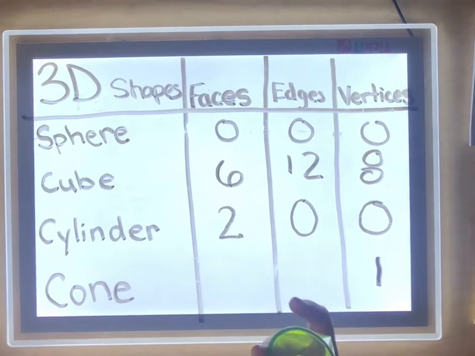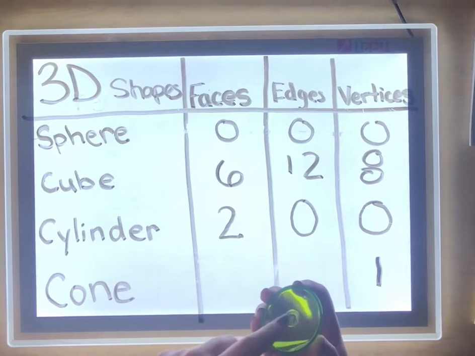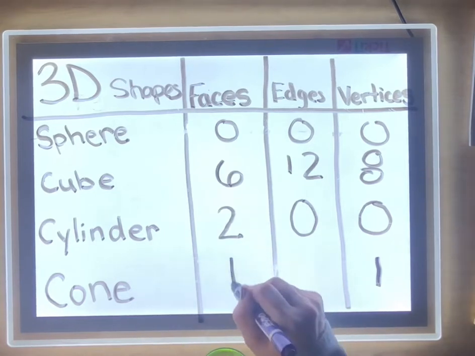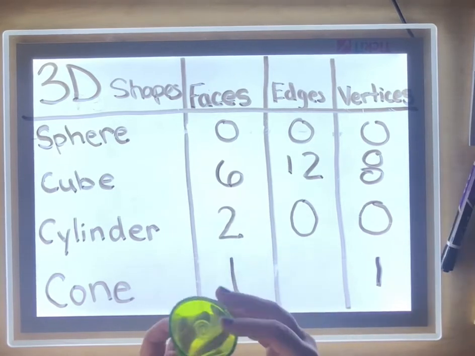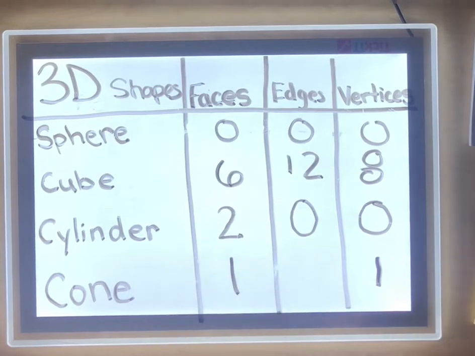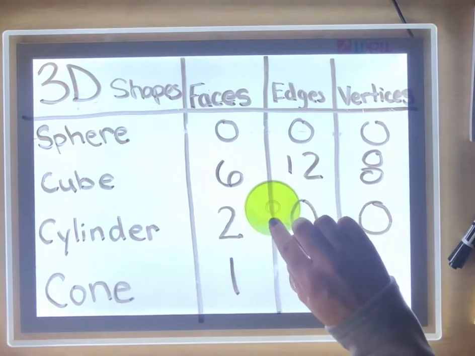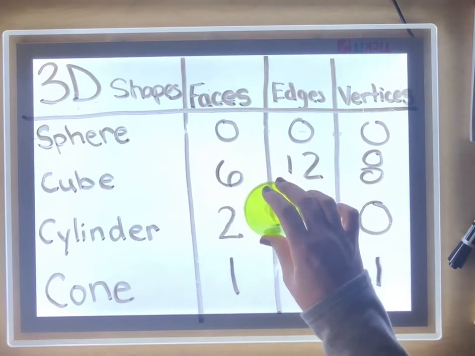How many faces does this have? Just one circular face right here, one face. Does it have any straight edges, like sides? No edges. Just the face and the vertice, the cone.